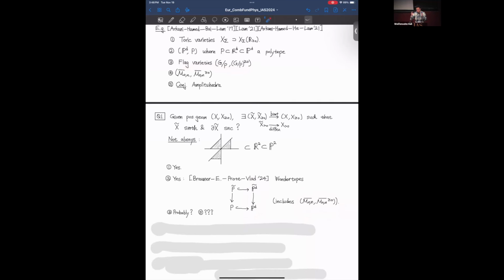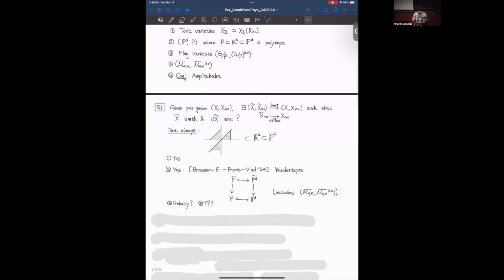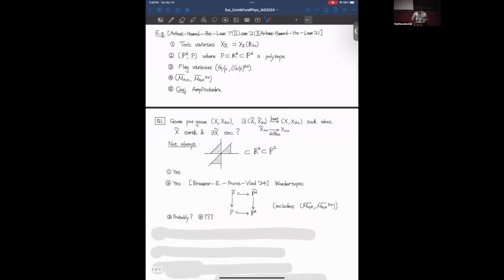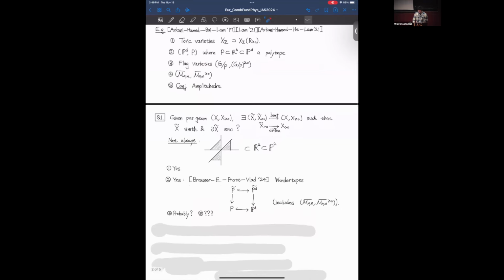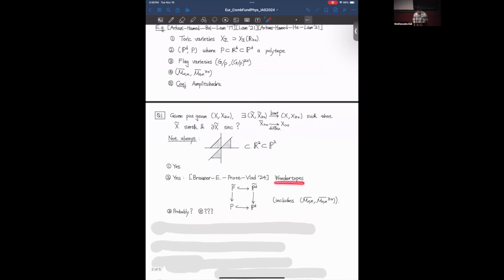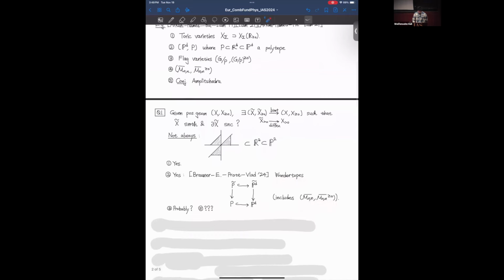I'm pretty sure some of the audience members here might be able to answer this quite quickly. And lastly, for amplituhedra, if it is a positive geometry, will it have a nice resolution of singularities? No idea. Okay. So that's one part of the question one can ask, given just the structure of these positive geometries, somewhat independent from the physics motivation it had in the beginning, and it leads to some interesting objects. That includes other interesting spaces.